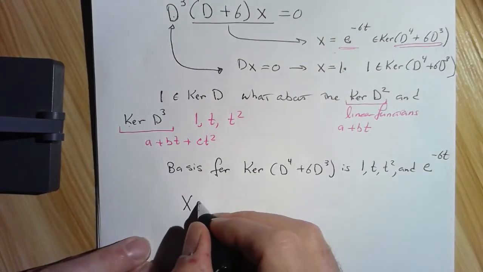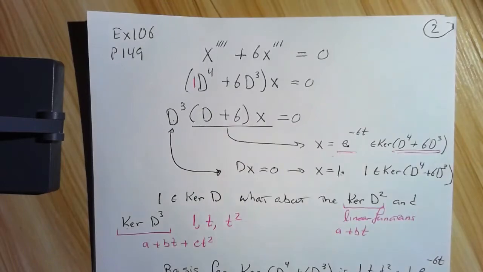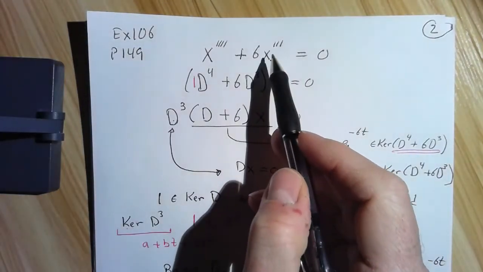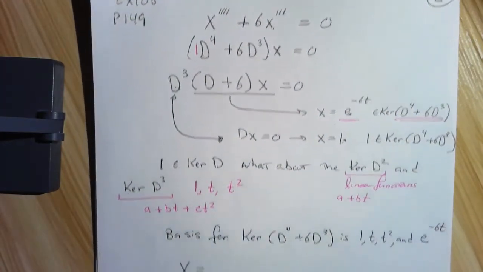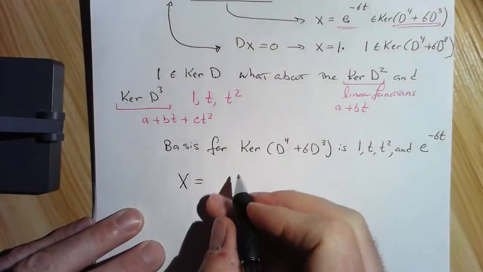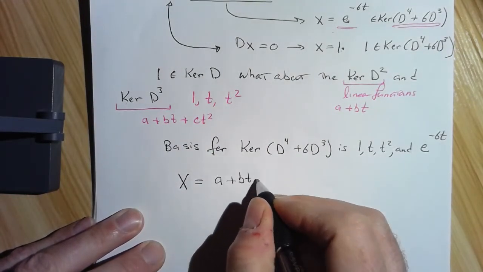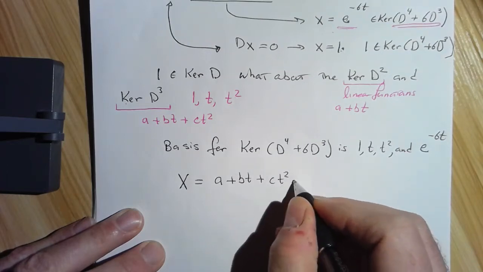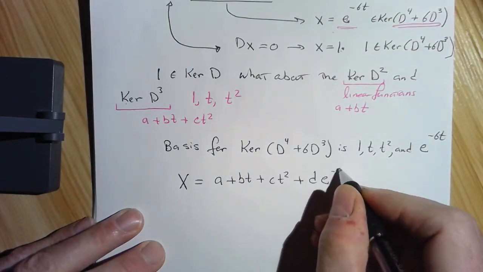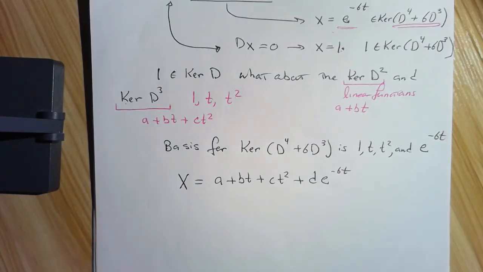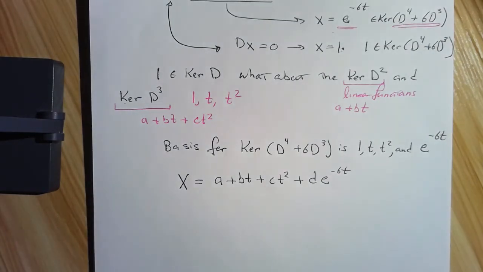So then anything in the kernel, and again, anything in the kernel means solutions to this homogeneous differential equation, is a linear combination of those basis elements. All right. I'm going to do a couple more examples.